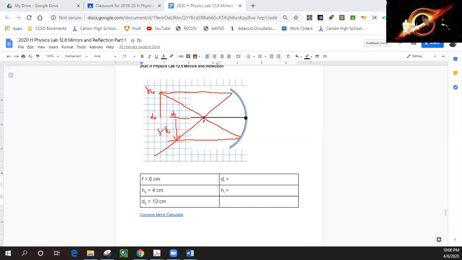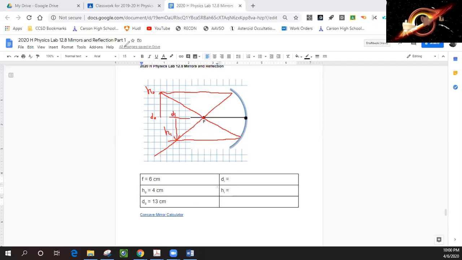That looks terrible. Okay, there we go. HI, the height of the image. Okay, and in fact, let's get rid of that. This is HI right here. And over here is the focal point. So we want to figure out what these dimensions right here are.